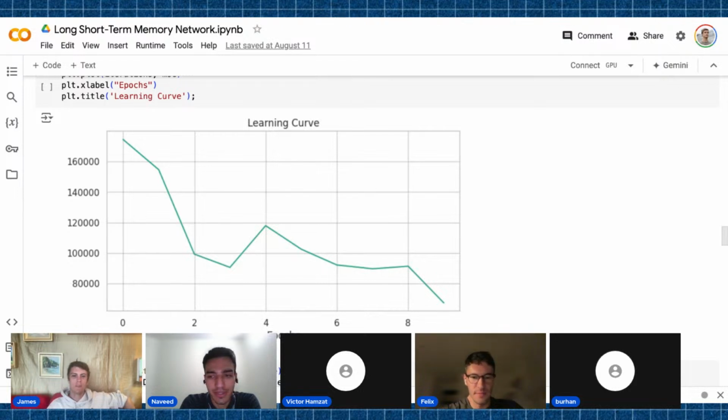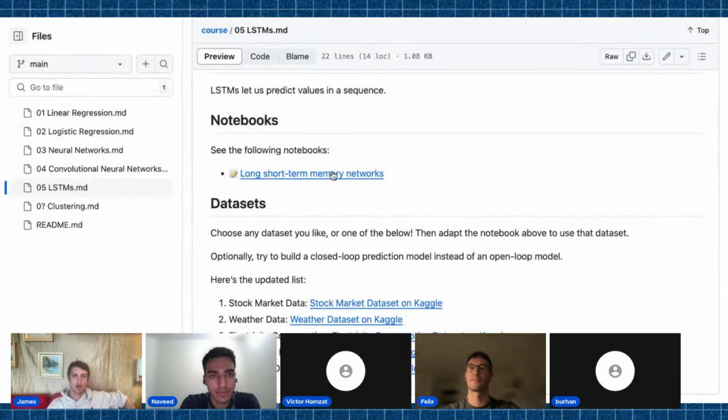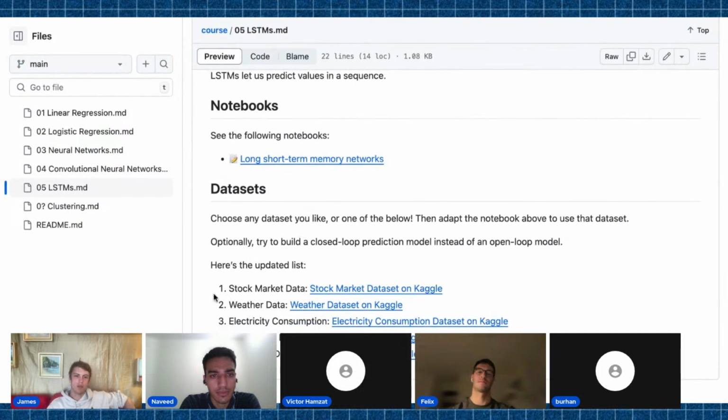Sweet. So for you all, of course, we have one more session after this one on Thursday, and this isn't too difficult to reproduce. You have the code here, and then I've given some other data, stock market data, weather data. The only thing that matters is that the data is sequential data.